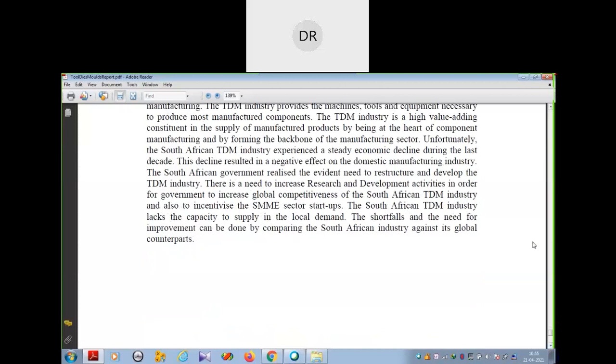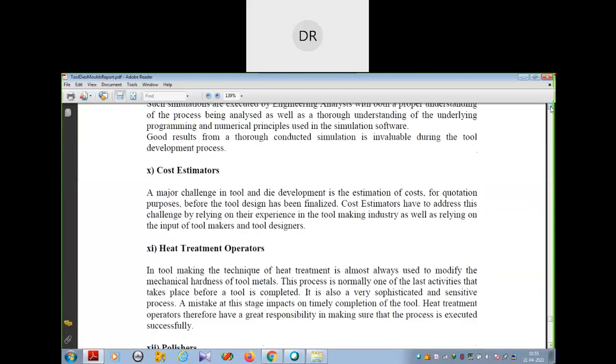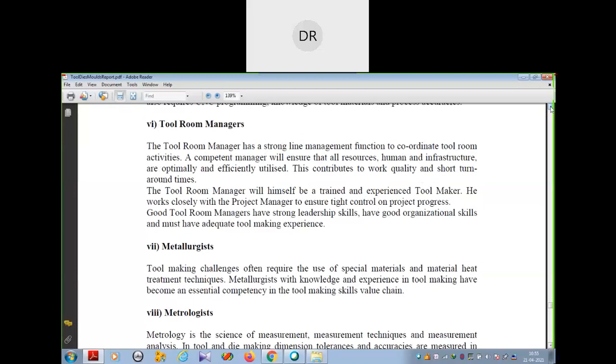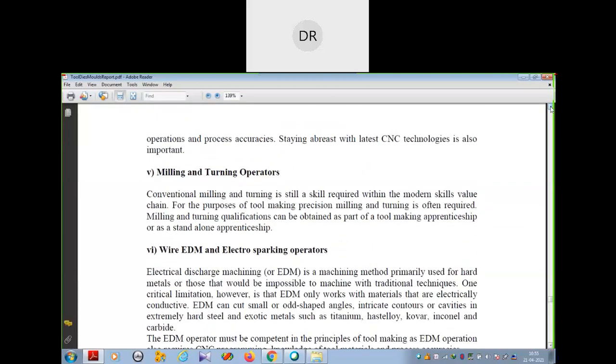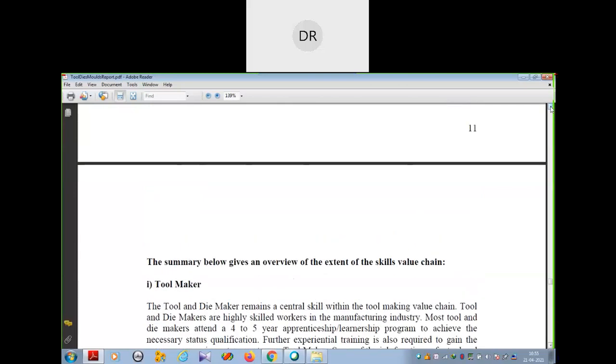So these are all the things which we have studied. These are not in your course, but still I am telling you. So what is the chain? Okay, the economic chain. So what is the value? Okay, skills value chain. In the tool maker, then designer, the programmer. What is the value?